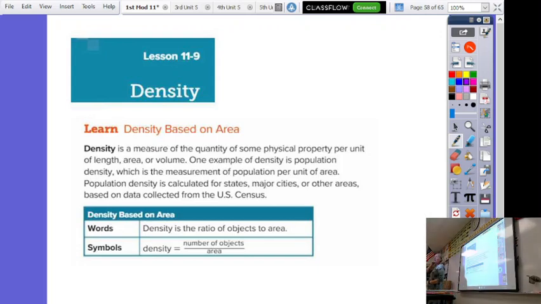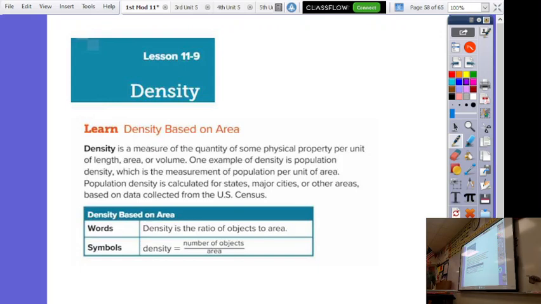Okay, density is the measure of the quantity of some physical property per unit of length, area, or volume. One example of density is population density, a measurement of population per unit of area. Chicago has a higher population density than Metamora because there are a lot of people living in very small spaces.